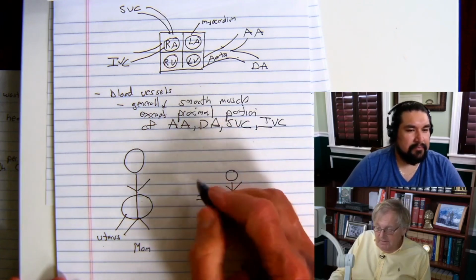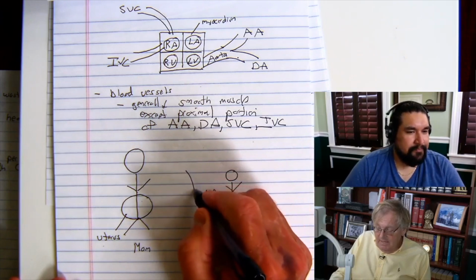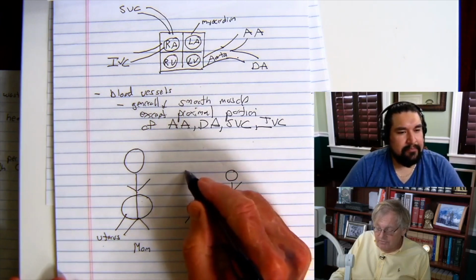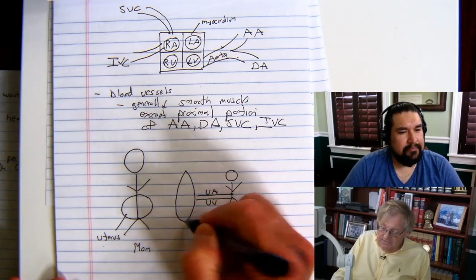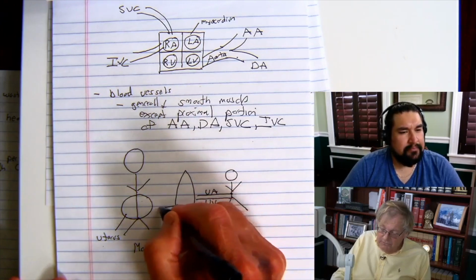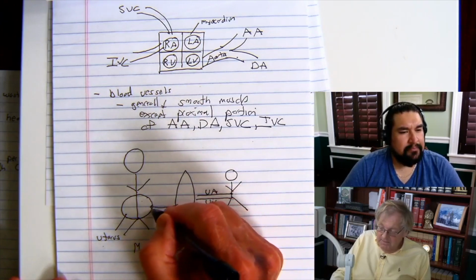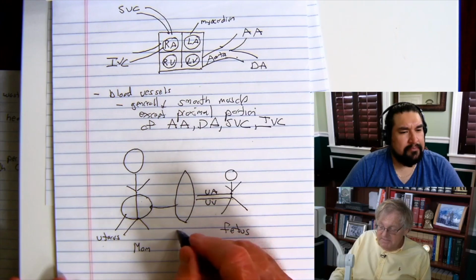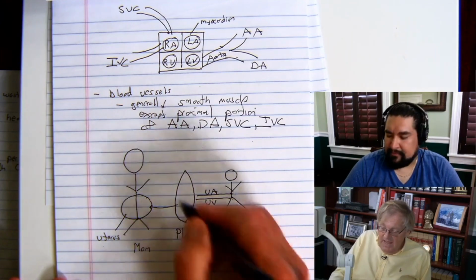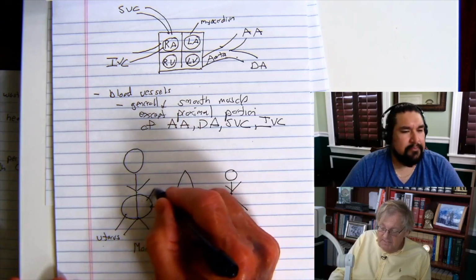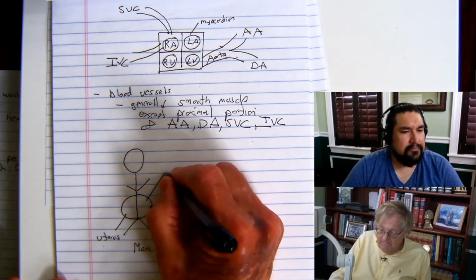And that umbilical artery and umbilical vein are going to go into this structure that's connected to the endometrium of your mother's uterus. So this is the placenta, and this lining of your mom's uterus is the endometrium.